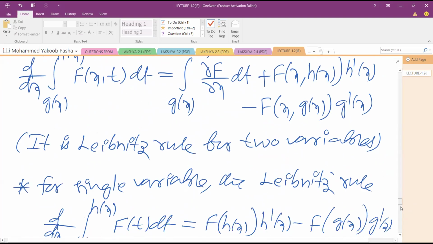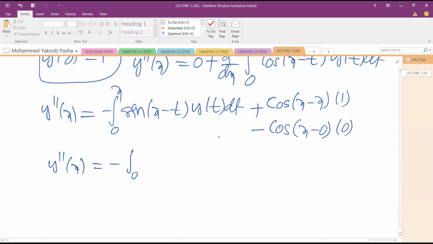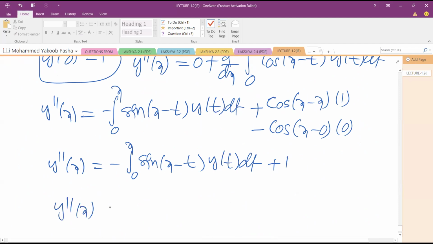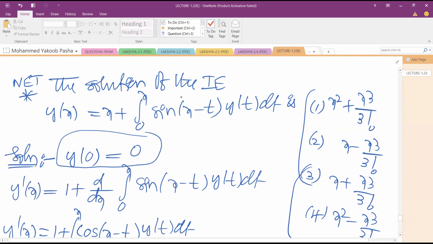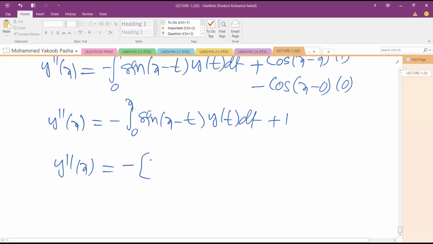Okay. Now here, integral 0 to x sin(x minus t) y of t dt, this becomes cos 0 is 1, and 0 into something is 0. So y double dash of x is equal to minus of the integral 0 to x sin(x minus t) y of t dt, which we know becomes y of x minus x. I am writing here y of x minus x.